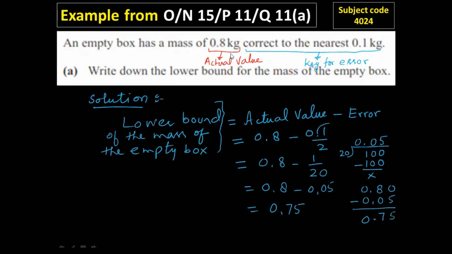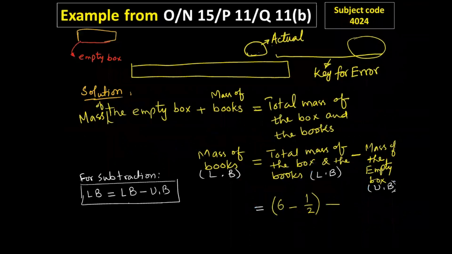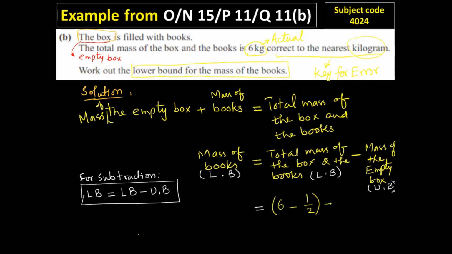So the actual value is 0.8 and the error is 0.1 over 2. Half means divide by 2.